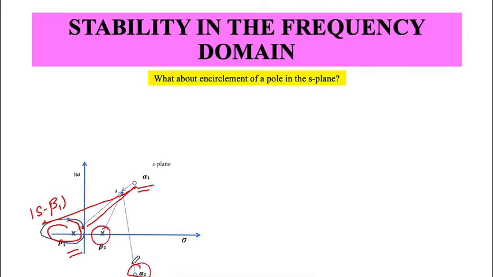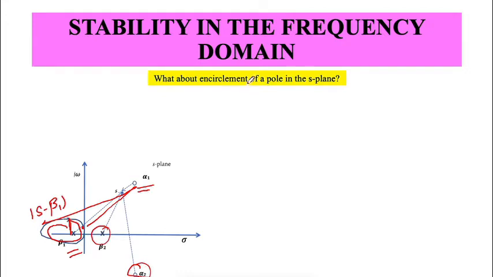This will also generate an angle of 0, and this will also generate an angle of 0. What is beta 1 doing? Beta 1 is in this position. It goes here, here, here, and comes back. The phasor S minus beta 1 generates an angle of minus 2 pi as S traverses the closed path.